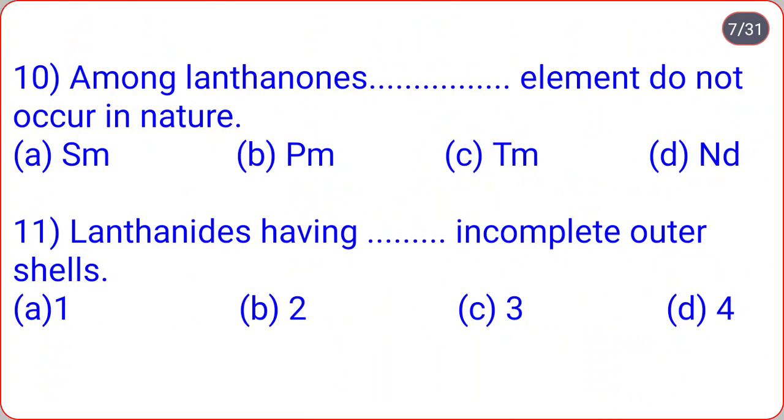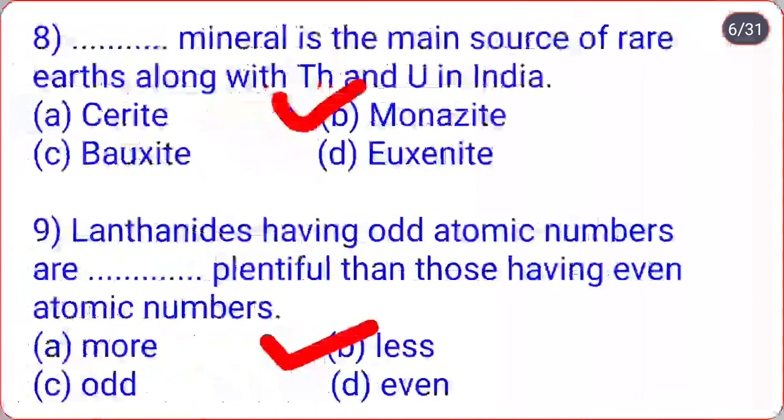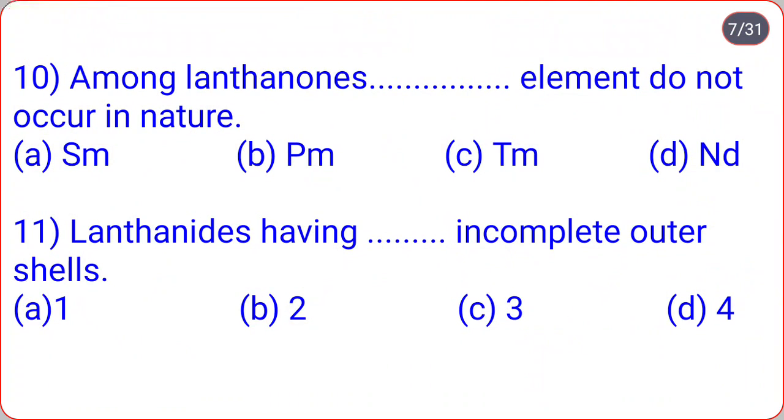Among lanthanones, dot dot element does not occur in nature. Samarium, praseodymium, thulium, neodymium. So the correct option is B, promethium. The next: lanthanides have dot dot incomplete outer shells. 1, 2, 3, 4.